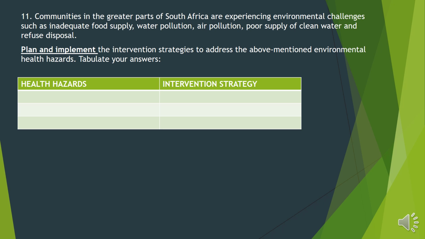and think about how you would plan or implement an intervention strategy for, for instance, inadequate food supply. How would you solve such a problem within a community? So if there isn't enough food supply, one of the strategies could be starting garden projects, where the community can have a community garden where they plant their own vegetables and get to take food from there.